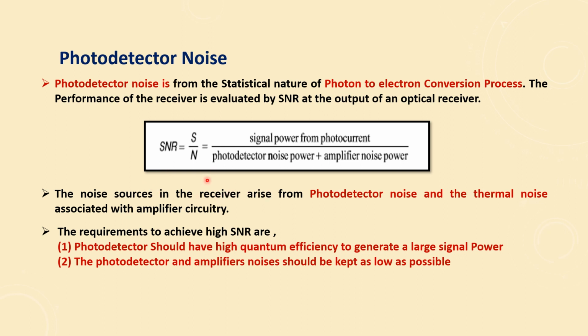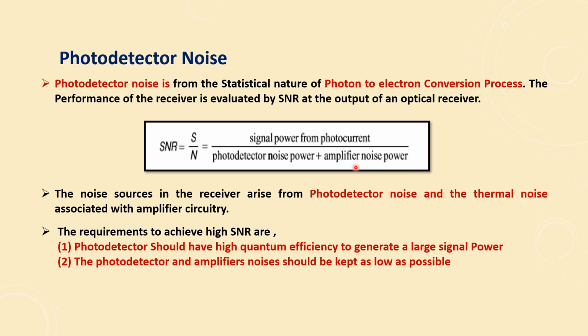In general, the signal to noise ratio is the signal power from the photocurrent divided by the photodetector noise power plus the amplifier noise power. As we know, an optical receiver mainly consists of the optical detector as the first block, and the second block is the pre-amplifier. So there will definitely be noise due to the photodetector and noise associated with the amplifier.